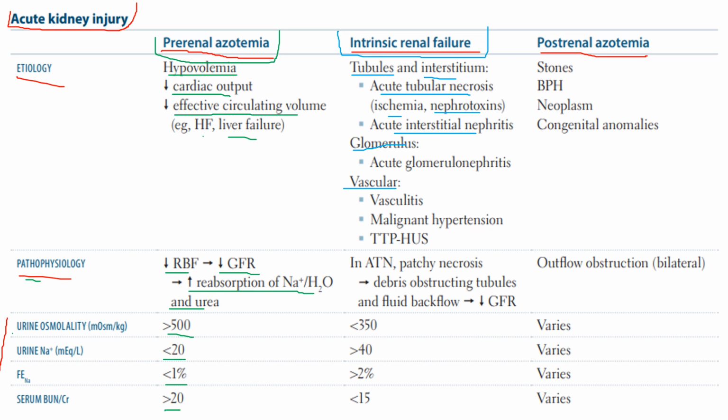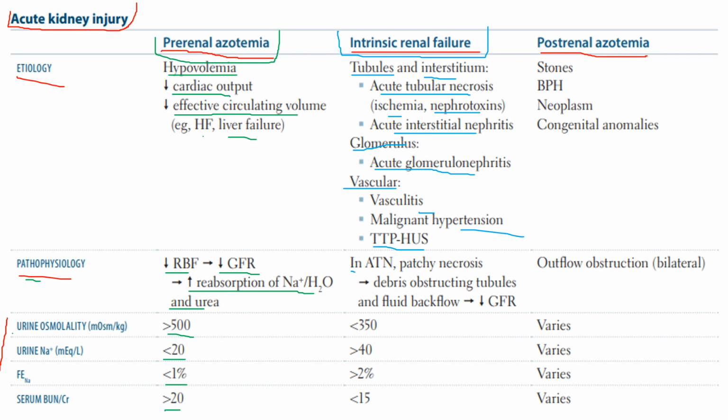For glomerular causes: acute glomerulonephritis, vasculitis, malignant hypertension, and thrombotic thrombocytopenic purpura and hemolytic uremic syndrome.